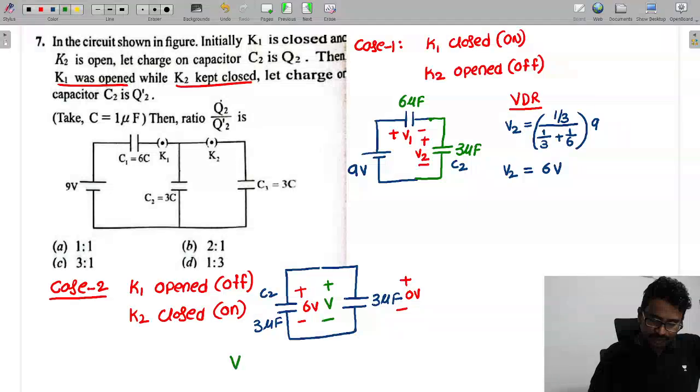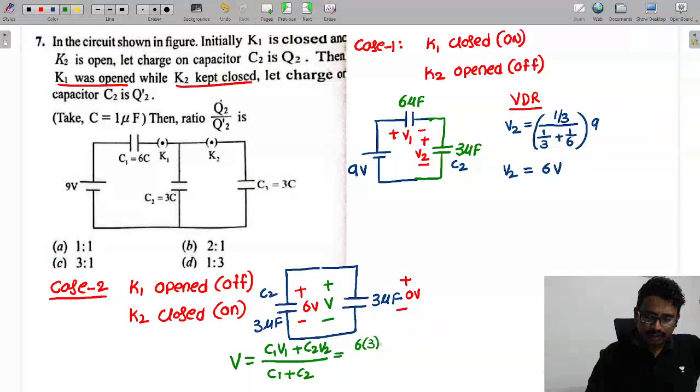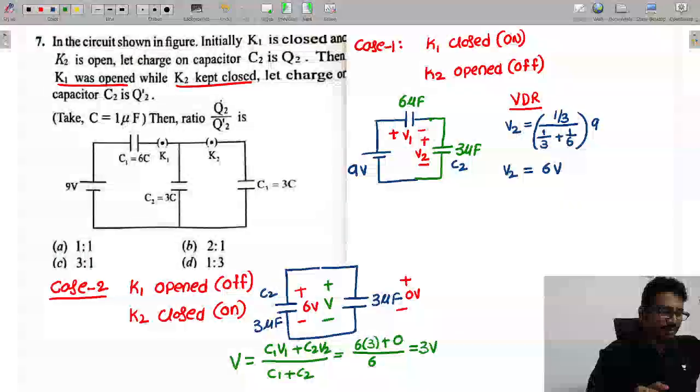Common potential V is given as C1 V1 plus C2 V2 by C1 plus C2. So that is 6 into 3 plus 3 into 0 by C1 plus C2, which is equal to 6. That means this value, how much? 3 volts. That is, the common potential is 3 volts.